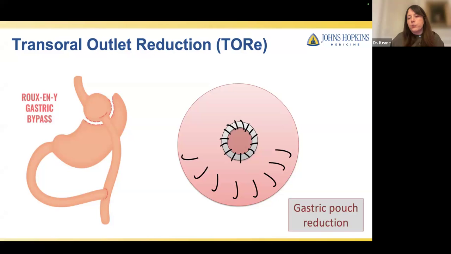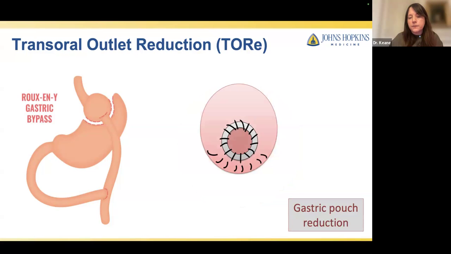In the second part of the procedure, we also work on the gastric pouch if it's dilated. To do this, we place sutures similar to what we do during the ESG along the gastric pouch. And again, we tighten those together to reduce it in size.